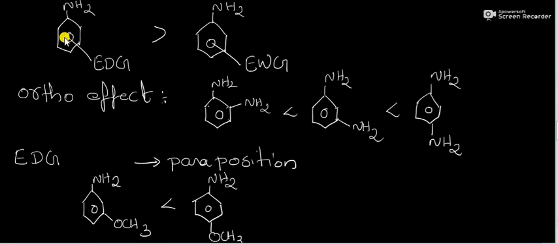Here we have two different types of nuclear substituents. One is electron donating groups, another one is electron withdrawing groups. Which type of substituents will facilitate the electron density on nitrogen atom? Of course, electron donating substituents will facilitate the basicity of aromatic amines.